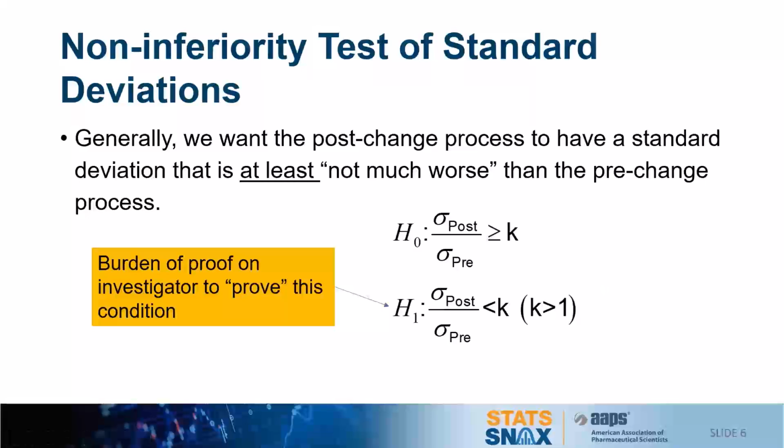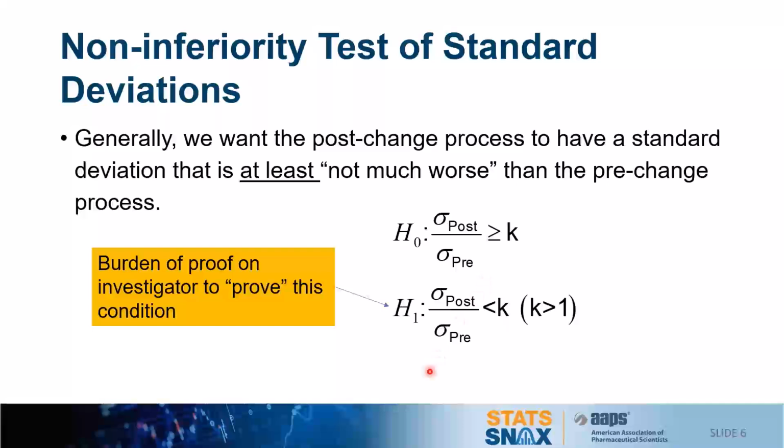So the statistical test is laid out as follows. If you've seen any of the Stax videos, we've talked about hypothesis testing. And you want to remember that whatever claim you want to make always goes into the alternative hypothesis here. And we say the burden of proof is on the alternative hypothesis.